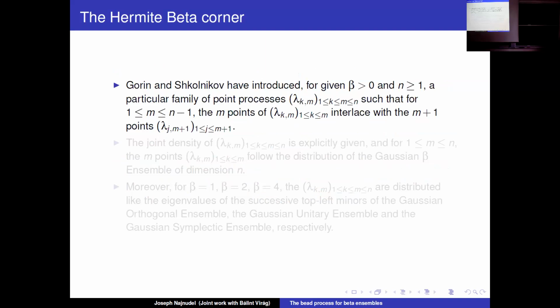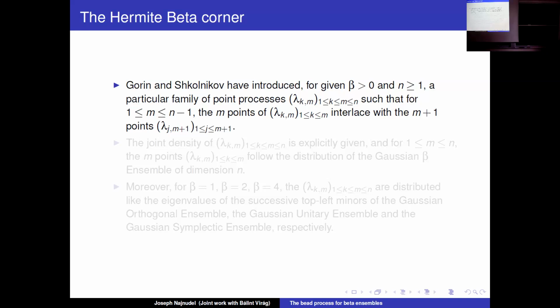Okay, so now we have seen that the bead process is the limit of the eigenvalues of the minors of GUE at successive levels. And in fact, this can be generalized to general beta by introducing something called the Hermite beta corner.